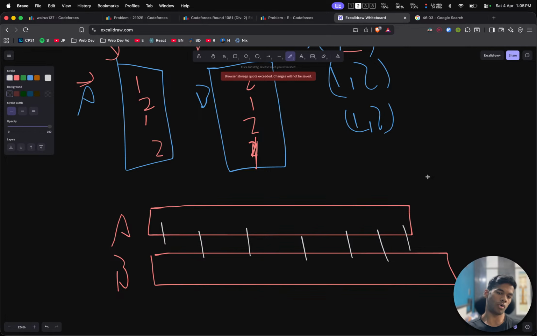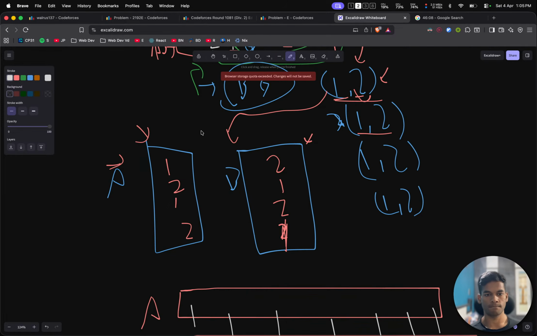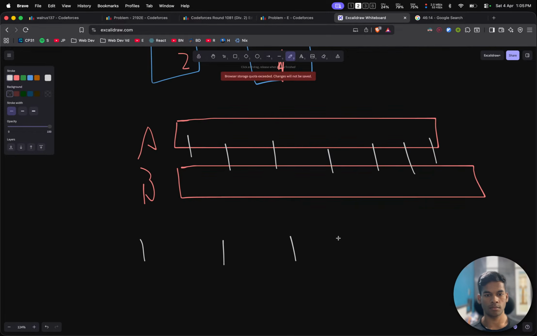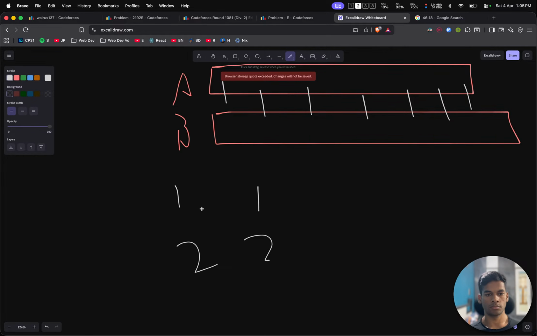Eulerian graph, Euler. This is an Eulerian graph.